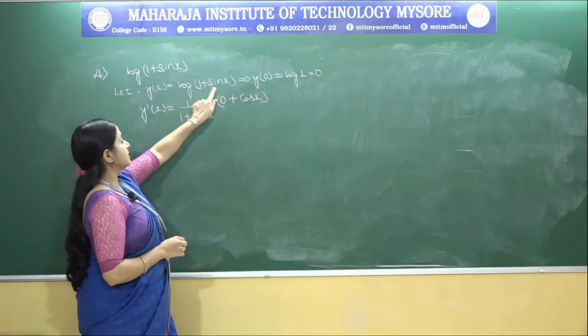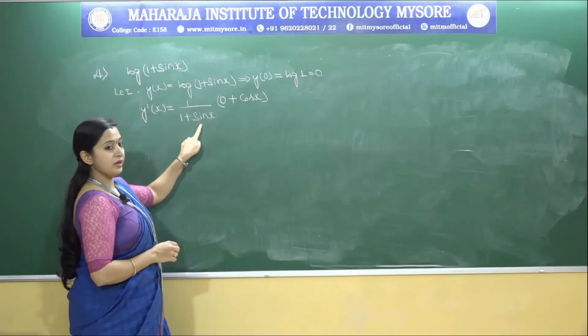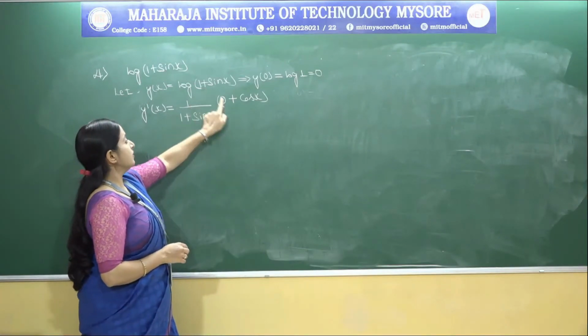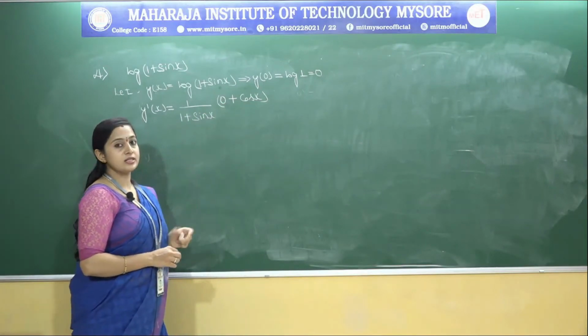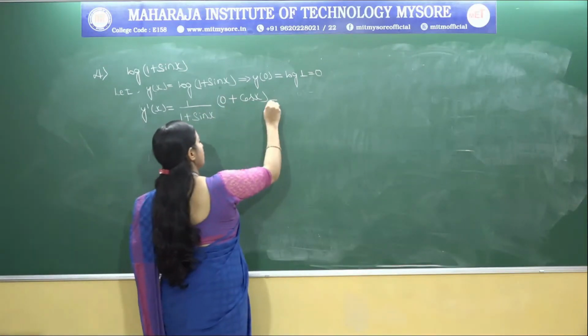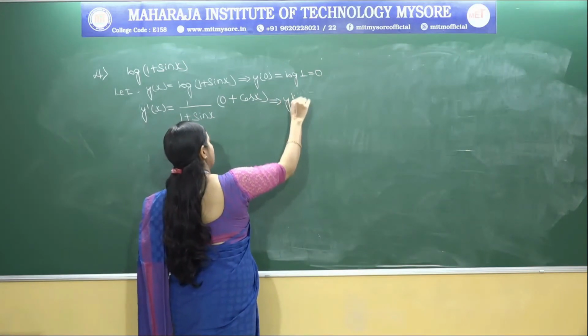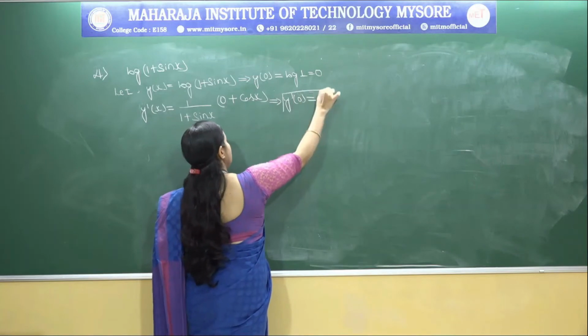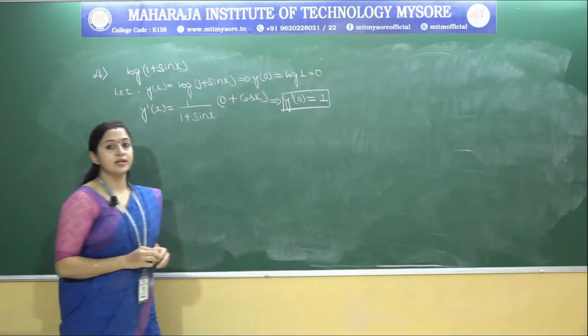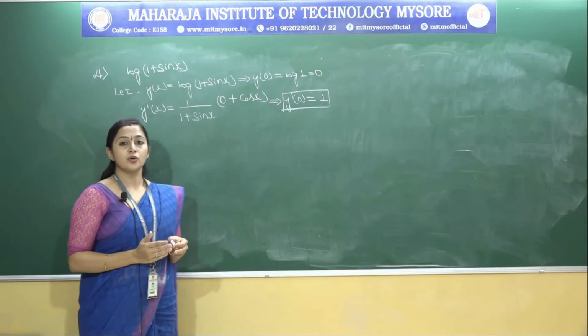Sin x differentiation is cos x. For the next one, before that, put x equals 0, y dash of 0, cos 0 is 1, denominator 1 plus sin 0, you will get 1. So the y dash of 0 equal to 1.